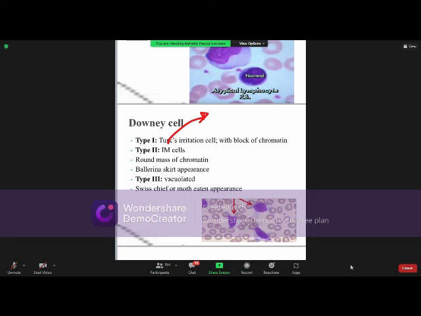Infectious mononucleosis is a condition caused by a virus known as Epstein-Barr. Okay? Epstein-Barr virus. And this Epstein-Barr virus, take note, infects your B cells. So, kunyari, ito sa Epstein-Barr, it will then infect your B cells.